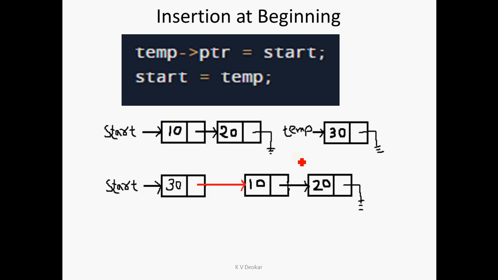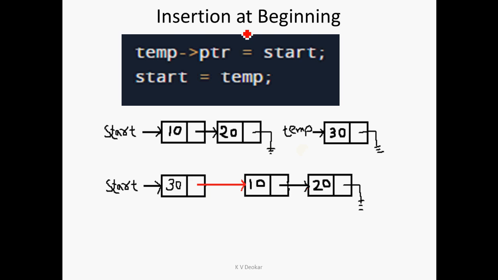Unlike arrays, where if you want to delete some element, we have to start with the first location, reach that location, then delete, and then do the shifting of elements. So insertion and deletion may be time consuming in arrays, but in linked list it is easy and efficient.